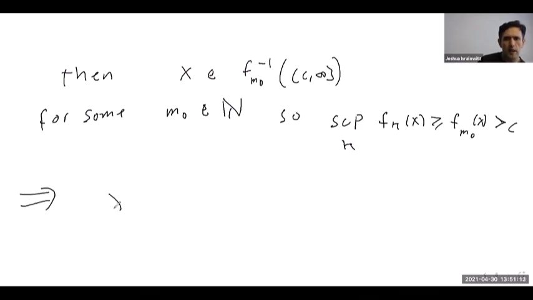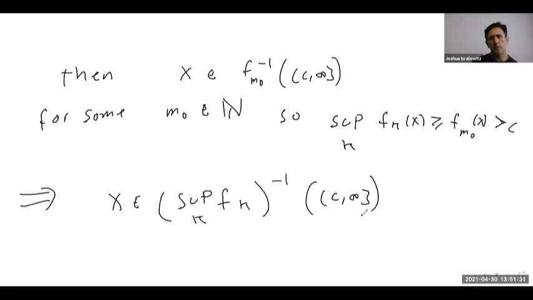So that implies that x is in the inverse image of the sup when you plug in c to infinity, the sup is bigger than c. And that's really all there is to it.